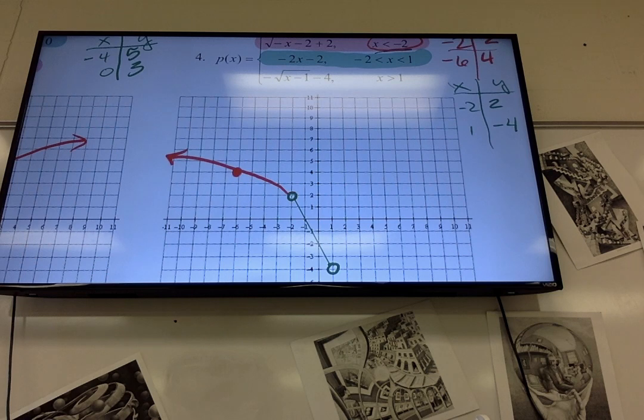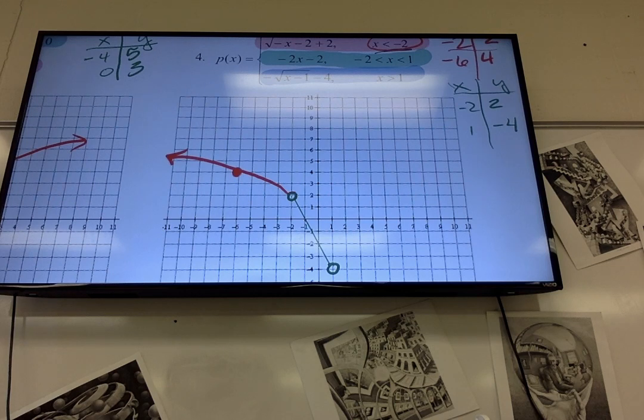Question? All right. Okay, here's the last one. Last one is a square root. And it's a negative, so it's going to be flipped across the y. So it's going to end up doing that. Maybe I should have done it more like that.